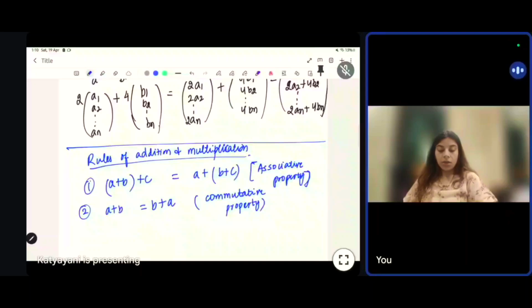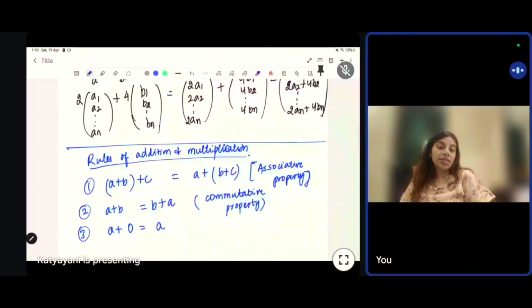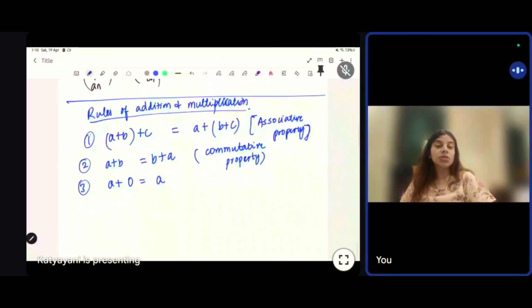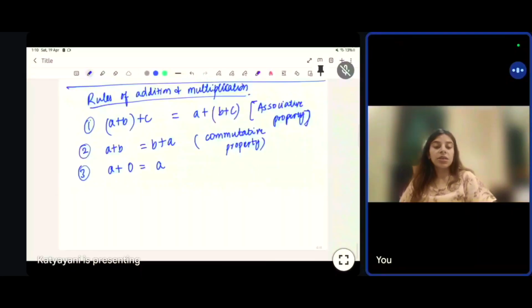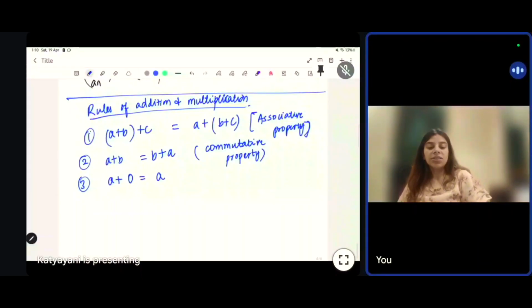Then the third property is, if I add a zero vector to a vector, you get the vector itself, right? So 0 is the identity of the sum in vectors. Then if I subtract a vector from itself, I will always get the 0 vector, right?